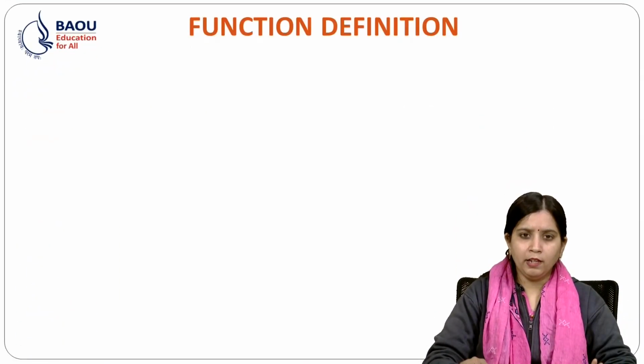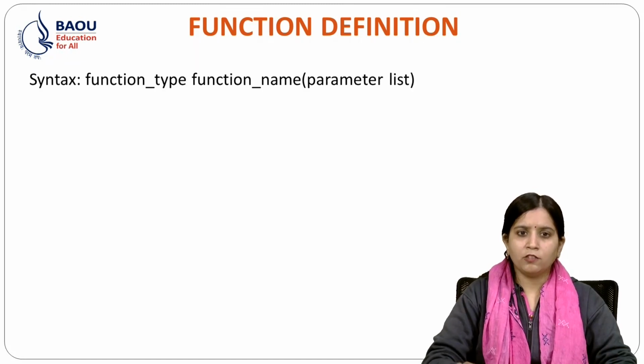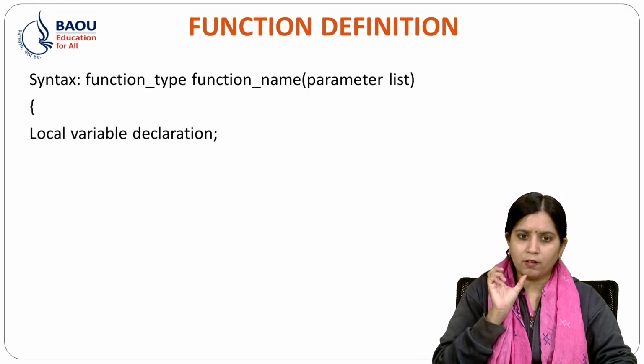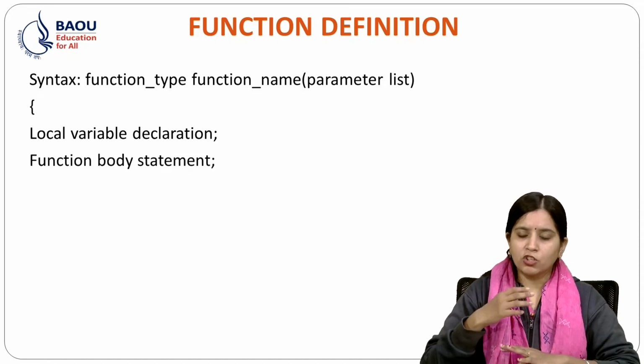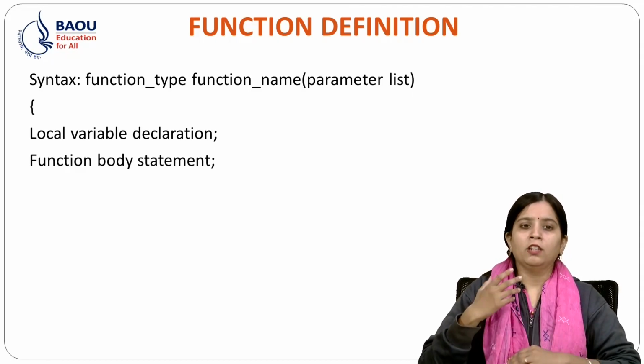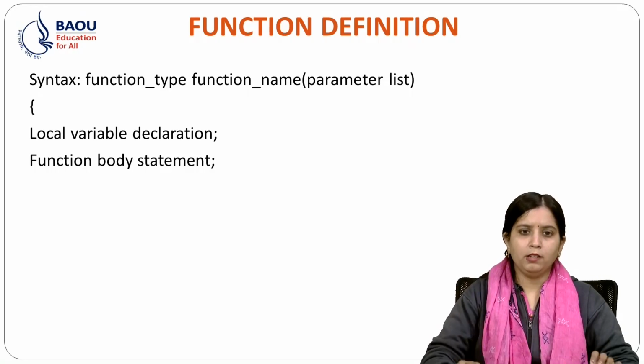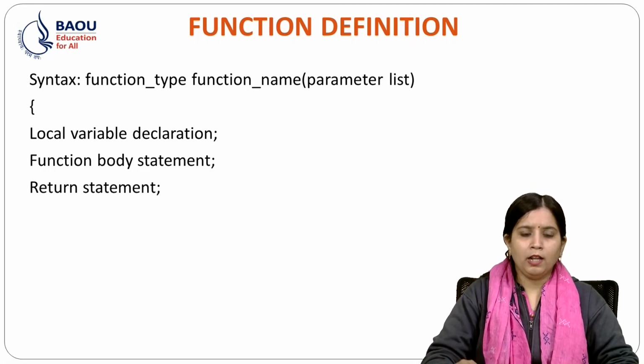Now let's see function definition. Syntax is function type, function name and parameter list. We will declare one local variable and do some functionalities with that local variable. And then the return statement, and then the close bracket.